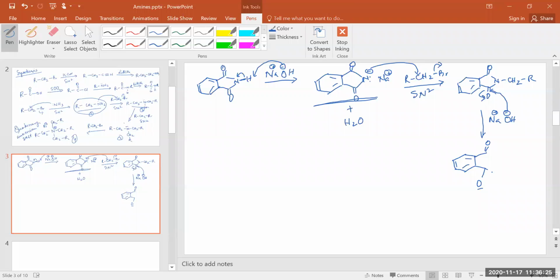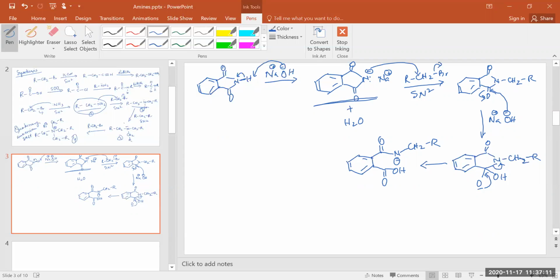So it will be O minus, OH, and here will be RCH2R. This will come back and nitrogen will leave. The ring will open. So this is hydrolysis of one of the carbonyls.